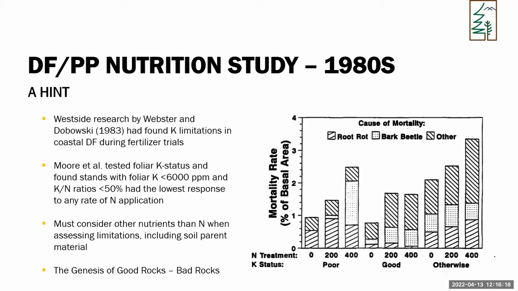And we're noticing this across a range of different soil parent materials. We were noticing that really this potassium status was almost a proxy for what parent material we were on.